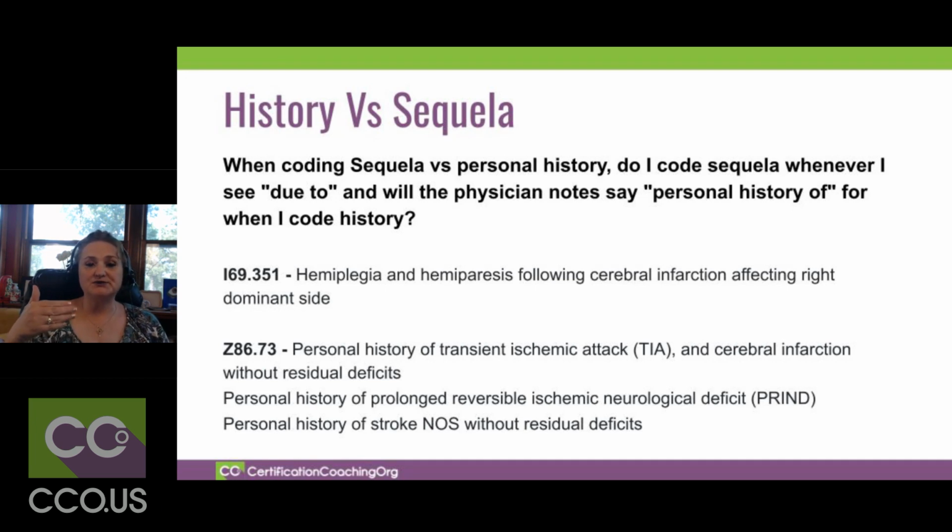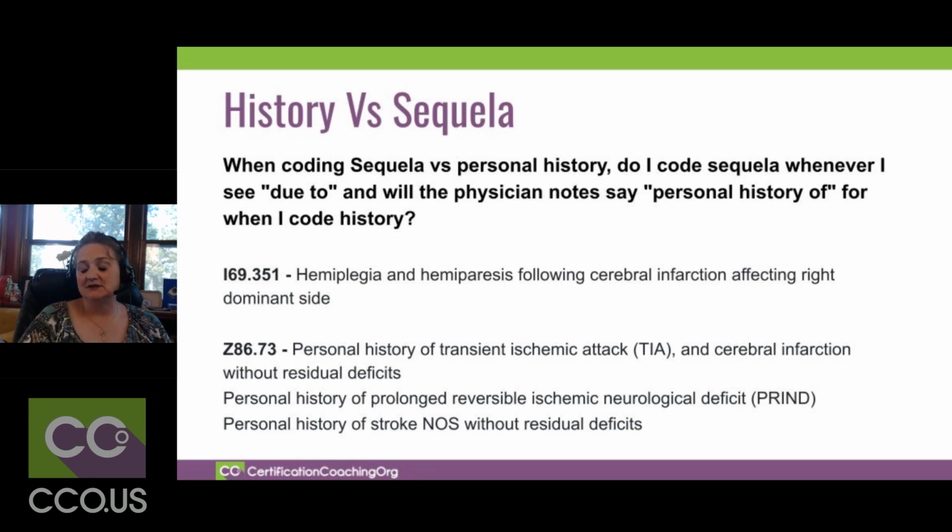Now, when we think about what a stroke actually is, it can be caused by more than one thing, but usually it's either a bleed in the brain or a blockage in the blood vessels. So oxygenated blood is not getting to that part of the brain, and depending on where the stroke is would determine what type of residual or late effect would be from that particular lack of oxygen.